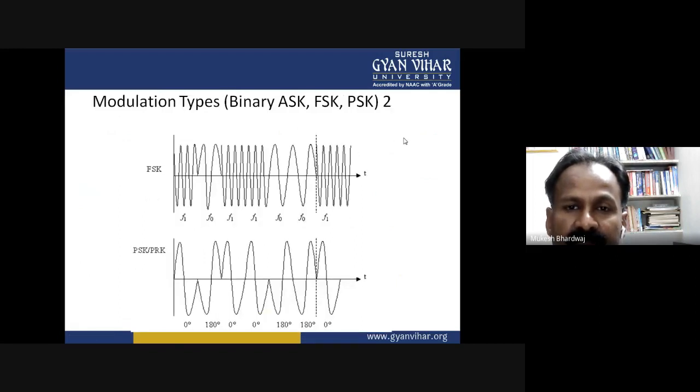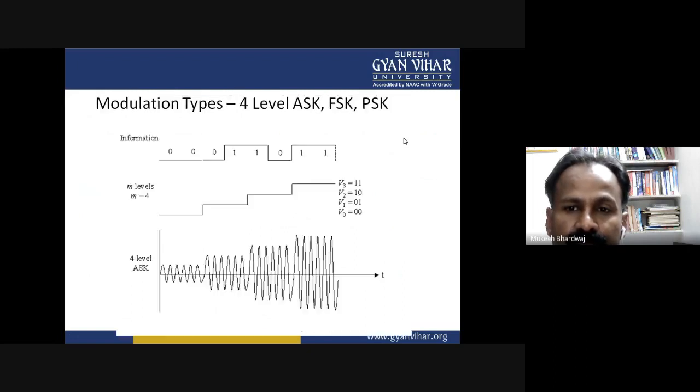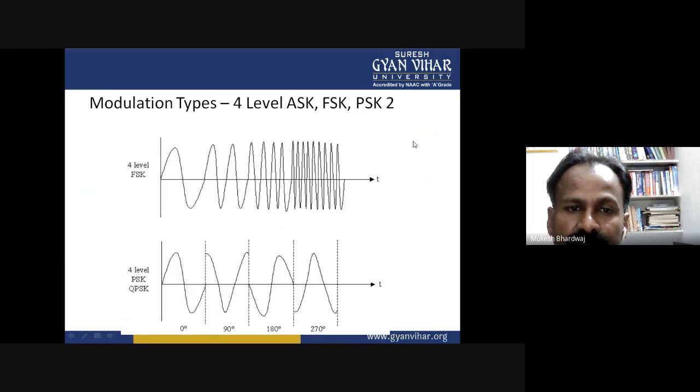Modulation type, again the binary CPSK and FSK. 4-level ASK, PSK, and FSK. Again, these are the diagrammatic representations of the modulation levels.